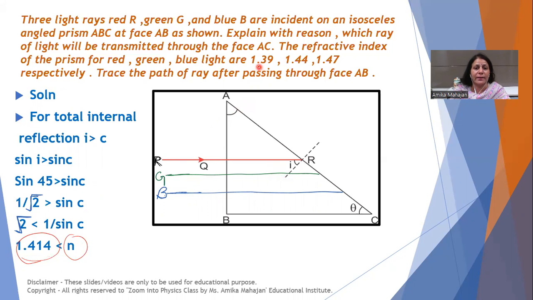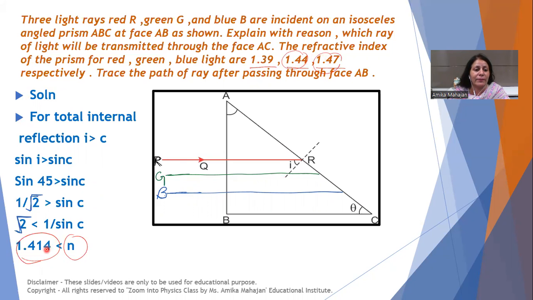Now check here. There are three colors, 1.39, 1.44 and 1.47 are the refractive indices of these colors in case of the prism. Now, if n is greater than 1.414, check, these are these two colors.